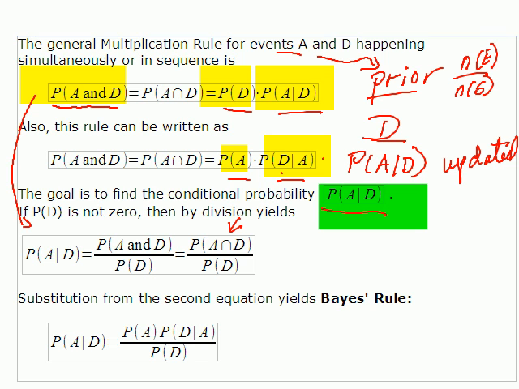Now, A and D can be written this way. So I expand A and D by using this, and now I have Bayes' rule.